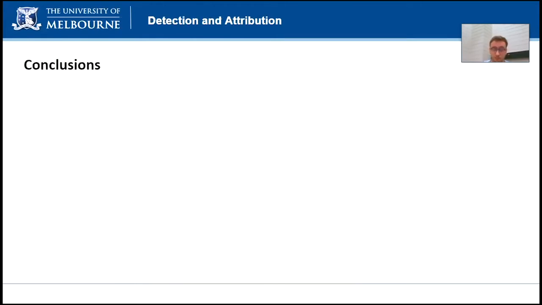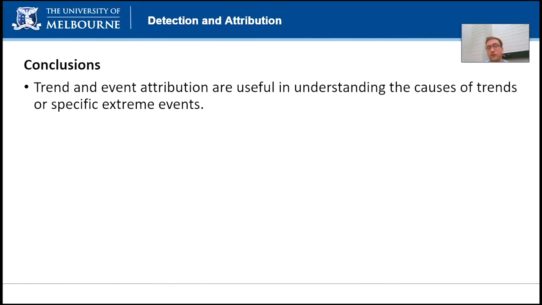So, I've just given a very brief overview of attribution in general, more focused on event attribution, but just touching on trend attribution as well. Both are useful in trying to understand the causes of a change in the climate system or the causes of specific extreme events.